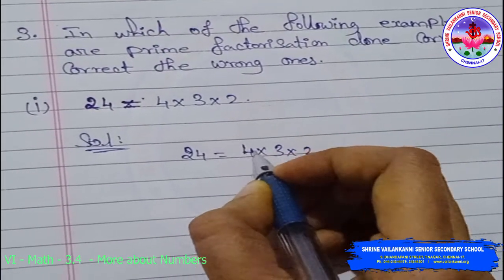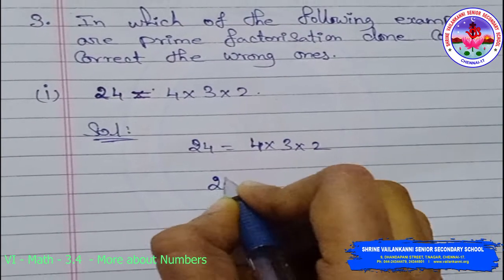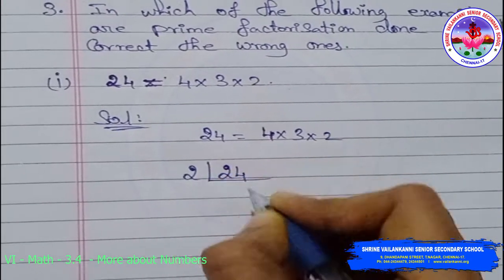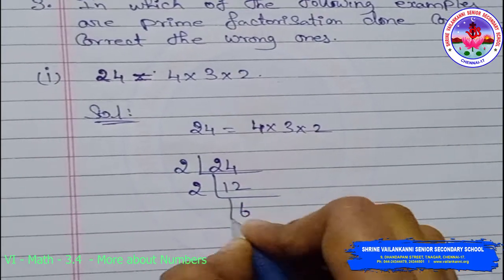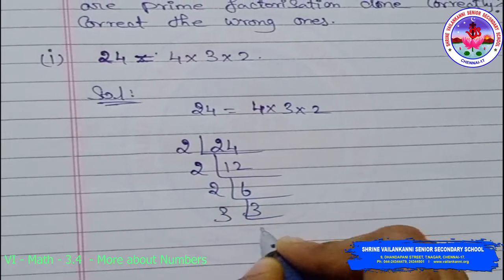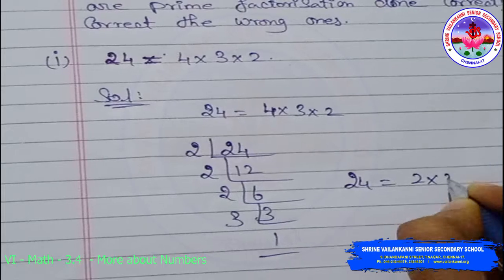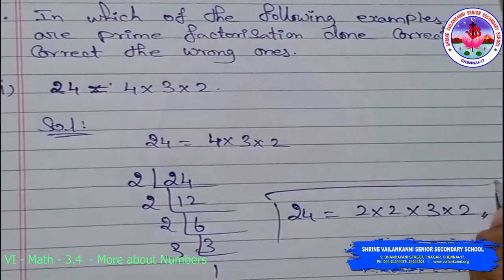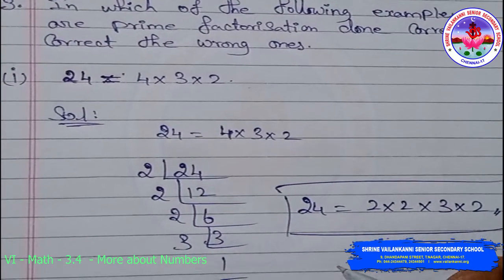Here 4 is not a prime number, it is a composite number. Now using prime factorization: 2 times 12, 2 times 6, 2 times 3, 3 times 1. 24 is equal to 2 into 2 into 3 into 2. This is the correct prime factorization of 24.